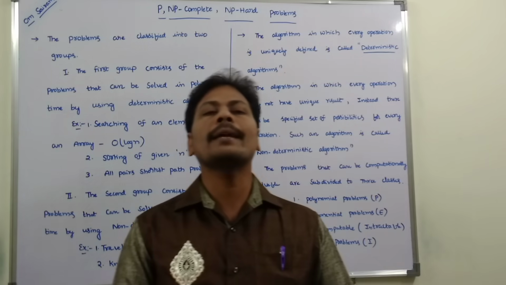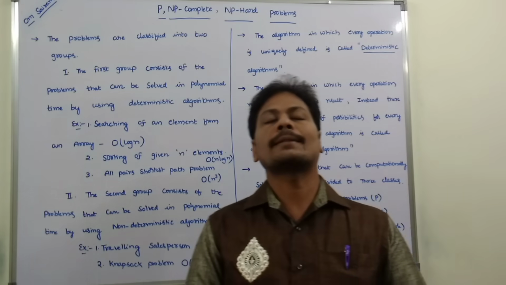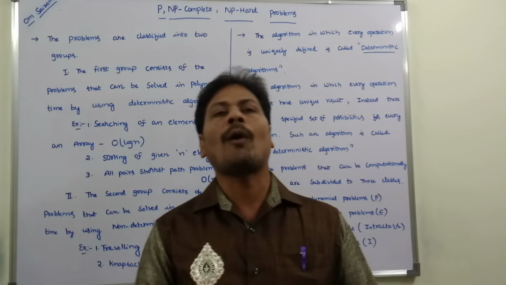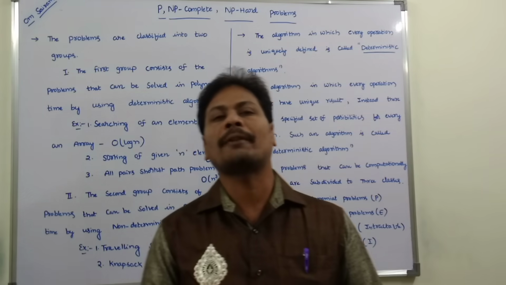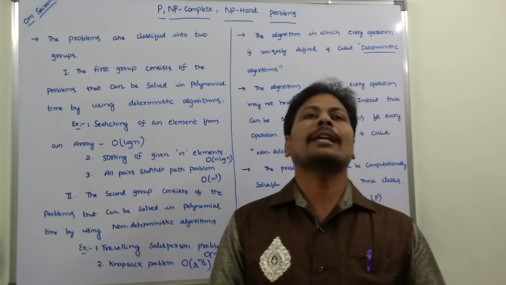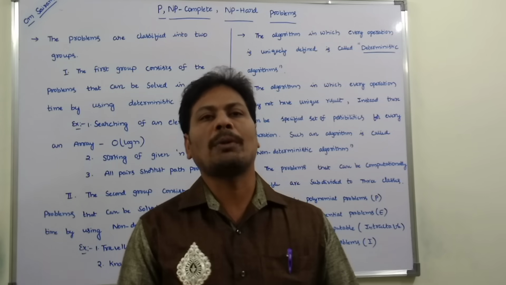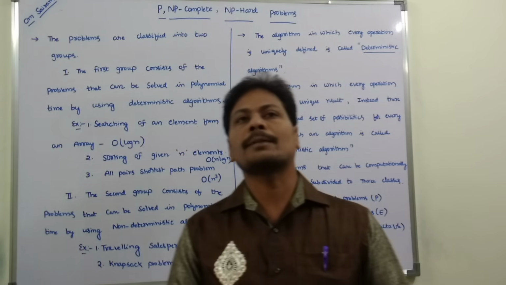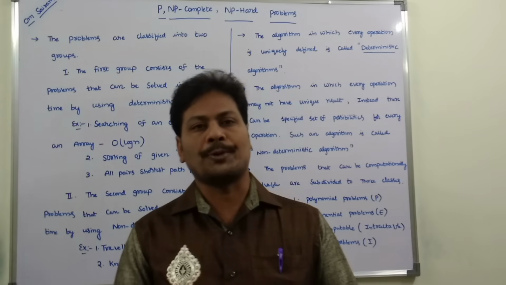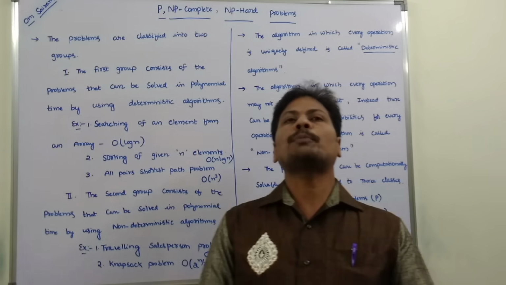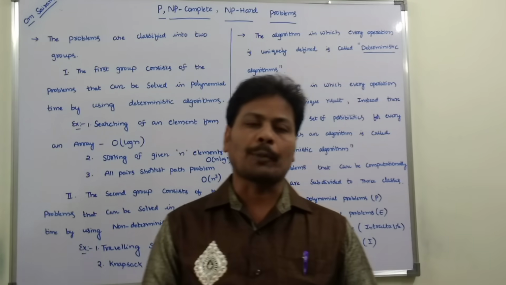Example, traveling salesperson problem. Its time complexity is big O of n square into 2 power n. Second one is the 0/1 knapsack problem. Its time complexity is big O of 2 power n by 2. Third problem is graph coloring problem.